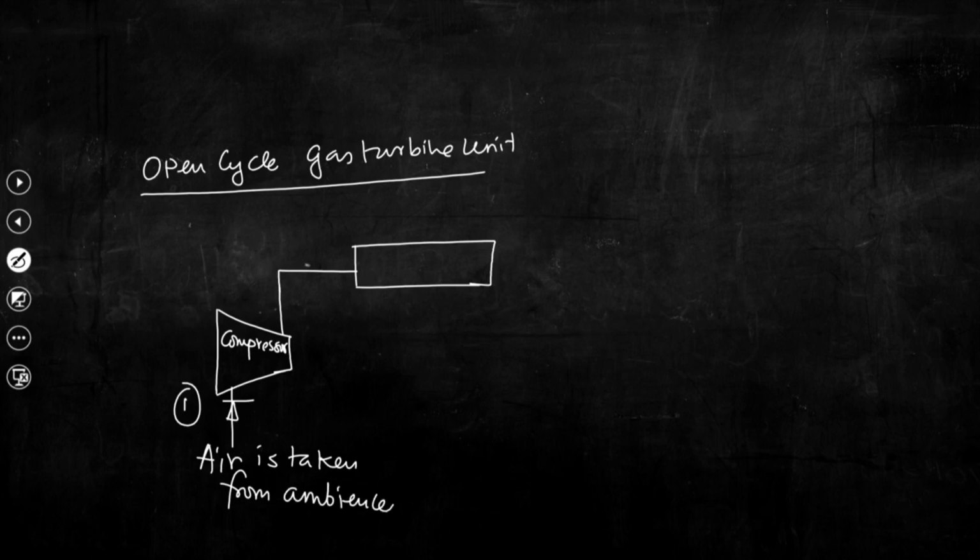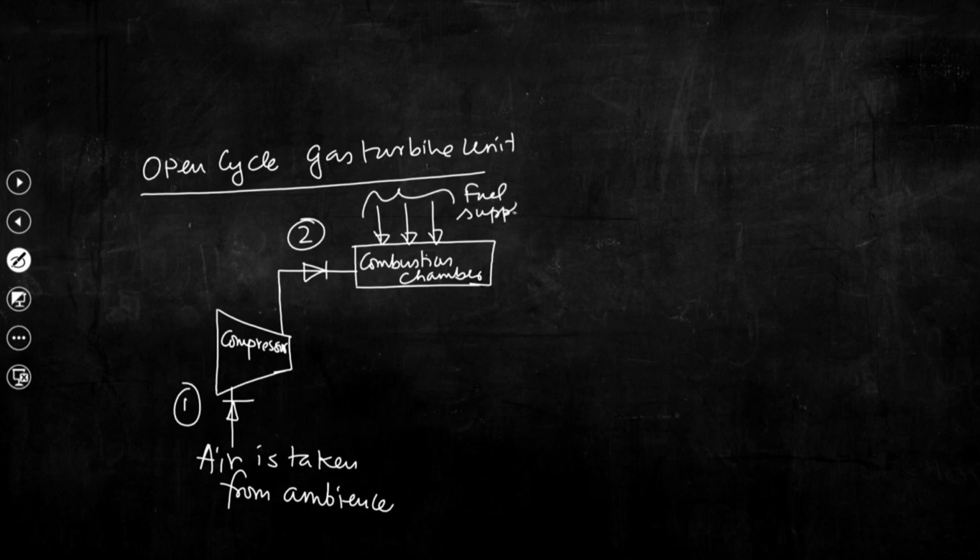and that compressed air is now taken into this combustion chamber, wherein fuel is sprayed, fuel supply, and so basically compressed air is allowed to pass through the combustion chamber, wherein fuel is sprayed and combustion will occur.